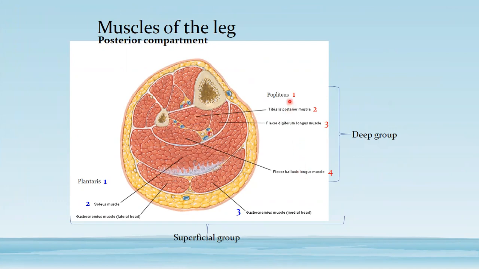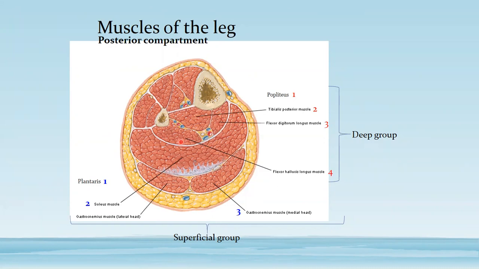Number one, not seen in this cross section, is the popliteus. Second, the tibialis posterior, then flexor digitorum longus and flexor hallucis longus. So the deep group has four: popliteus, tibialis posterior, flexor digitorum longus, and flexor hallucis longus.